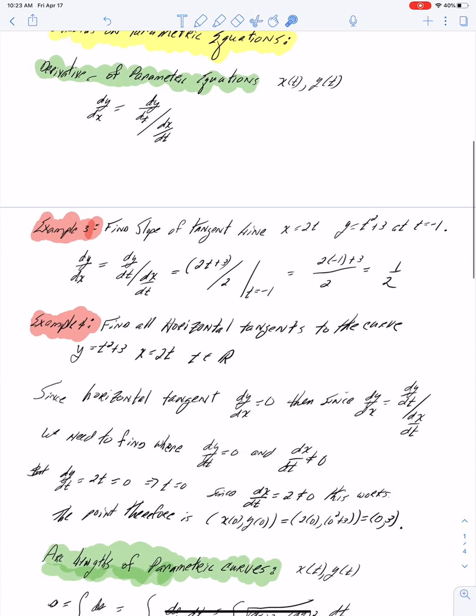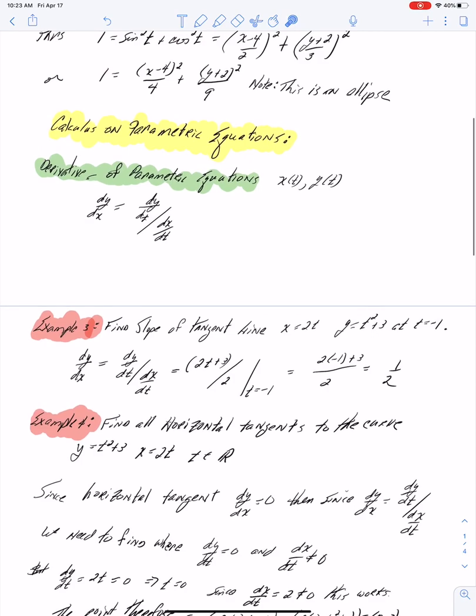All right, let's look at example 3. Down here, suppose I want the slope of the tangent line, and here's my parametric curve. x is 2t, y is t squared plus 3, and t is minus 1. All I do is take dy dx, write it as dy dt over dx dt, and now I take the derivative of y upstairs, that should just be 2t.